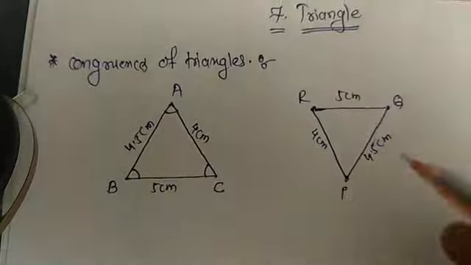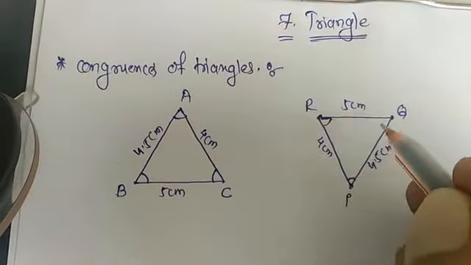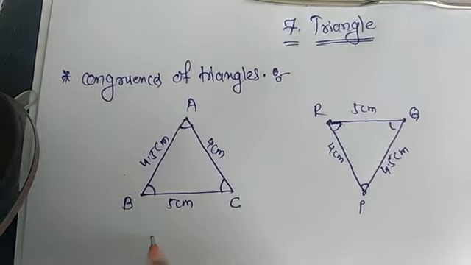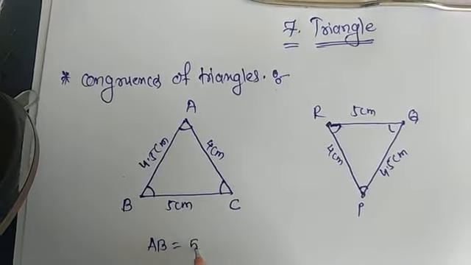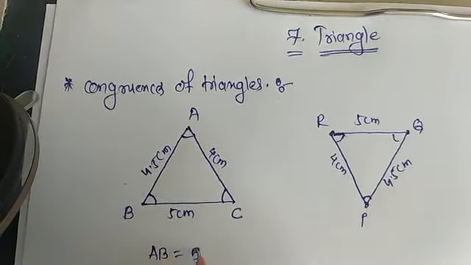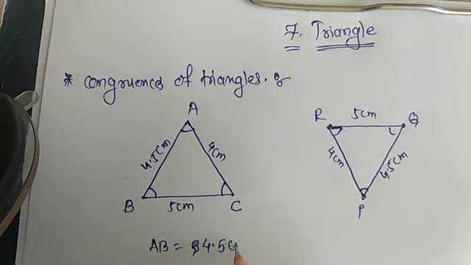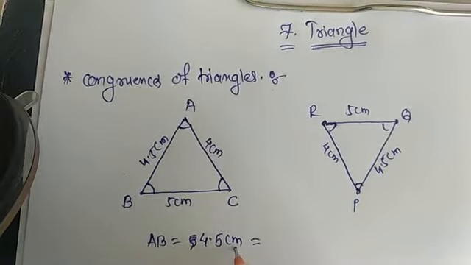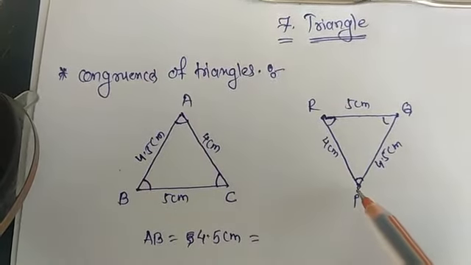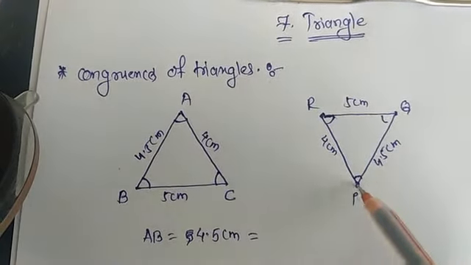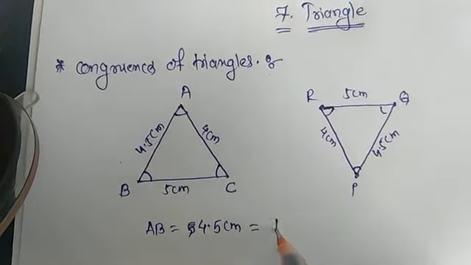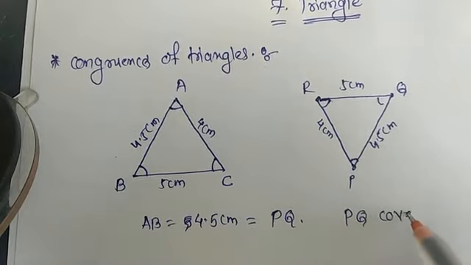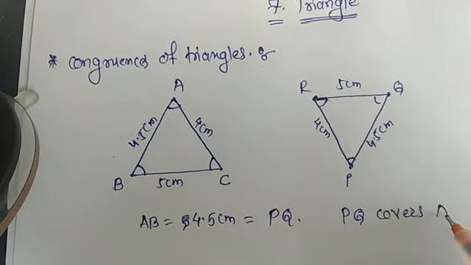Now if you consider the sides of the triangles, AB is of length 4.5 centimeter, and in triangle PQR, PQ is of length 4.5. That means PQ covers AB.